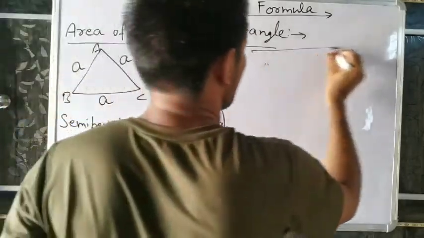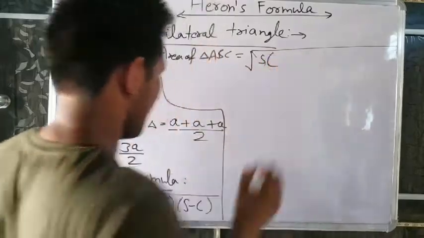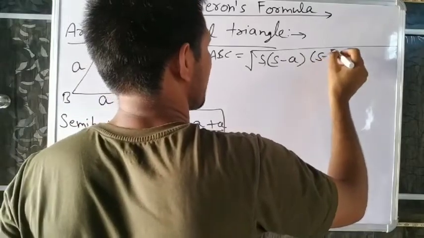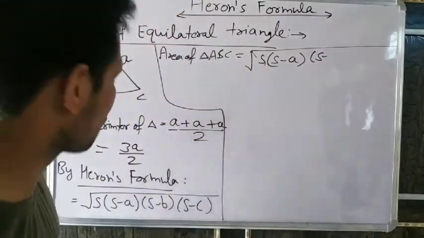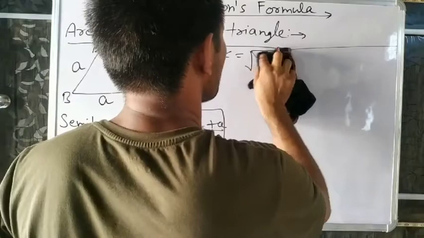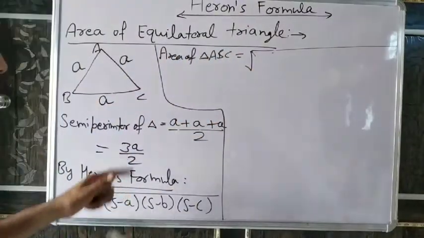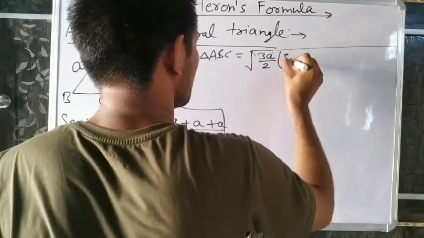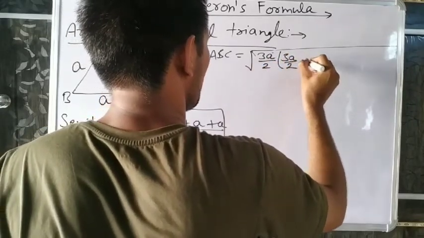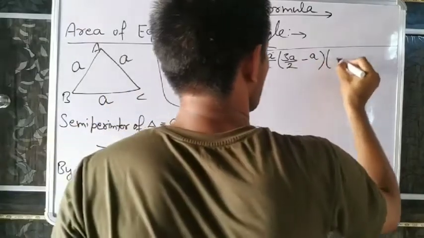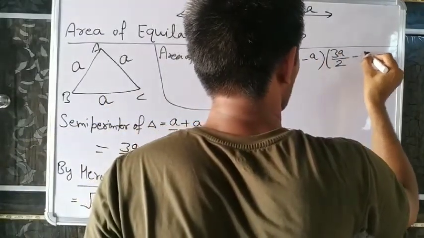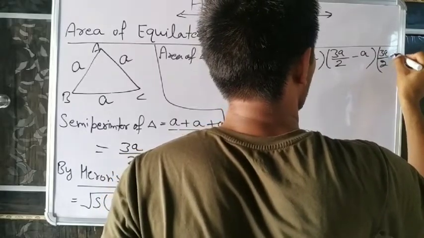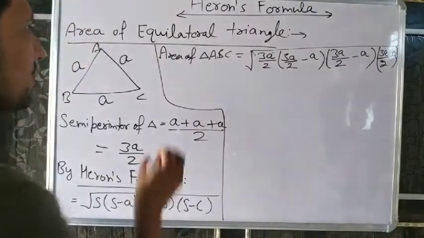The first side is A. S we already found. Put the value of S: 3A divided by 2 into 3A divided by 2 minus A, into 3A divided by 2 minus A, into 3A divided by 2 minus A. Now we will solve this.